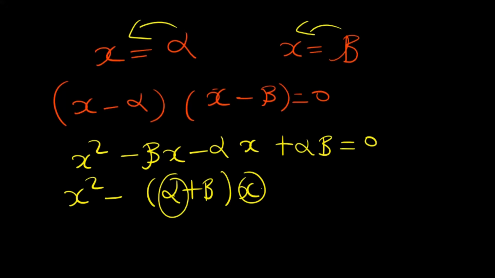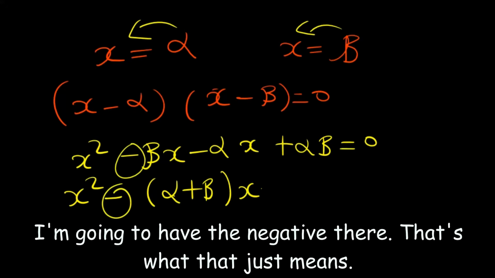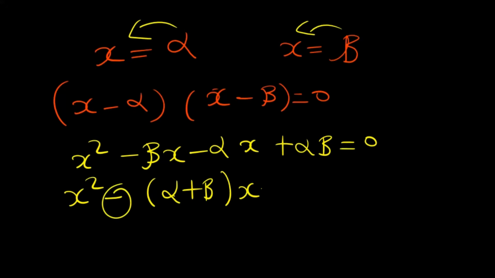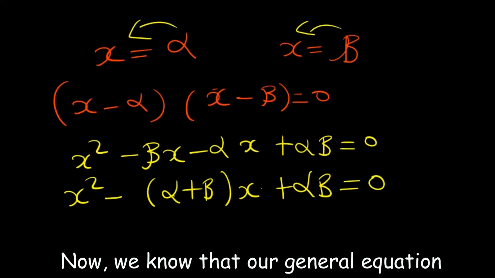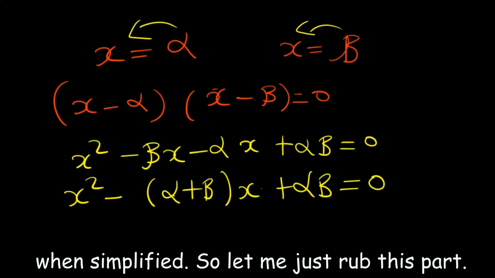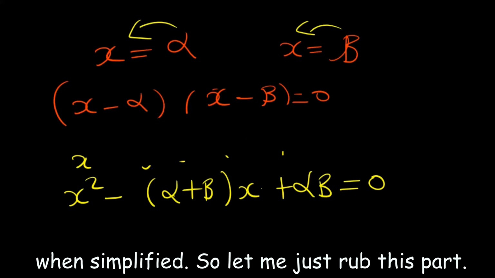There's a negative, so multiplying with the negative gives the negatives there. Then plus alpha beta equals 0. If this is what I have, now we know that our general equation, when simplified, so let me just rub this part.